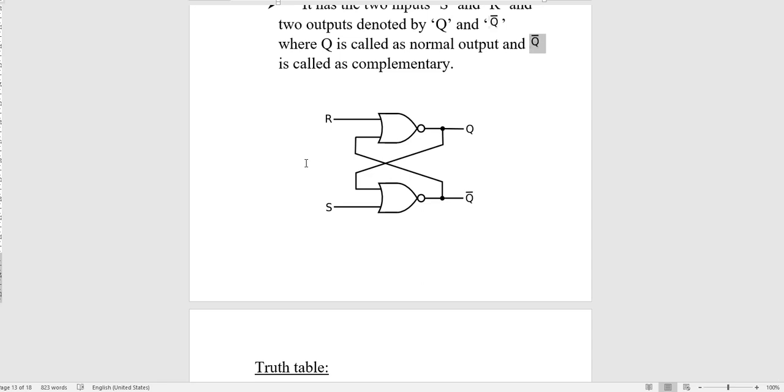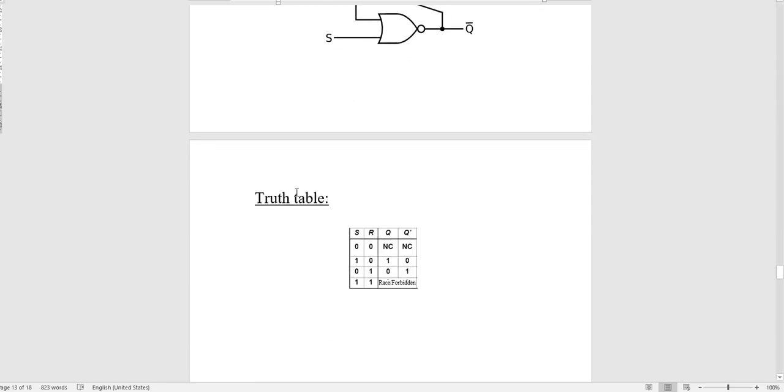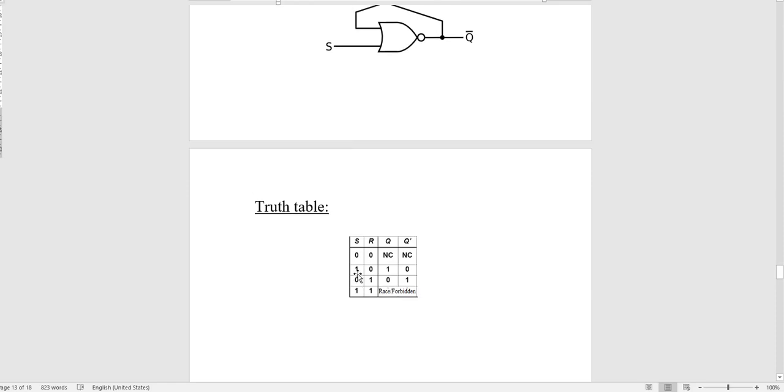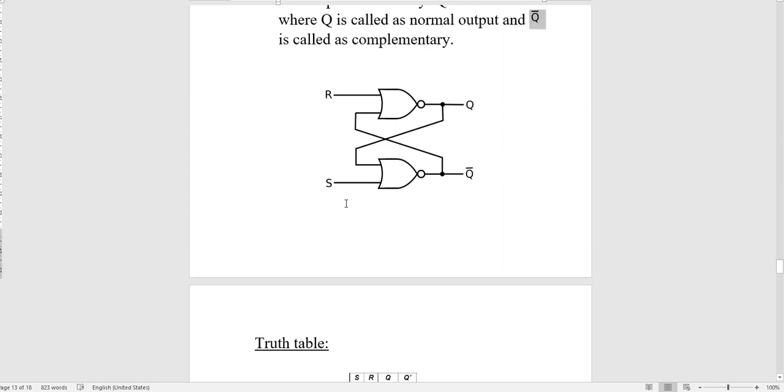Now the second case is when S is 1 and R is 0. When S is 1 and R is 0, it means your lower NOR gate is disabled, which will produce output 0, whereas it will produce 1 at your upper NOR gate.